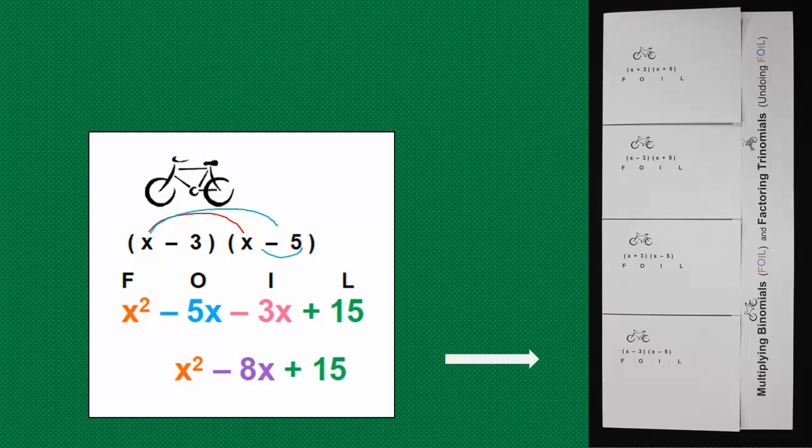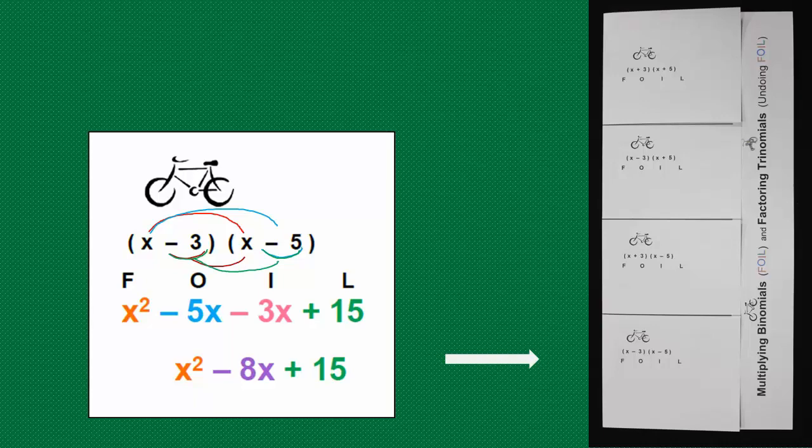Then we do the insides, which is negative 3 times x for negative 3x under the I. And last is negative 3 times negative 5, taking both of those minus signs. And then remembering that when the signs are the same and we are multiplying, our answer is positive. So the number under L is positive 15.